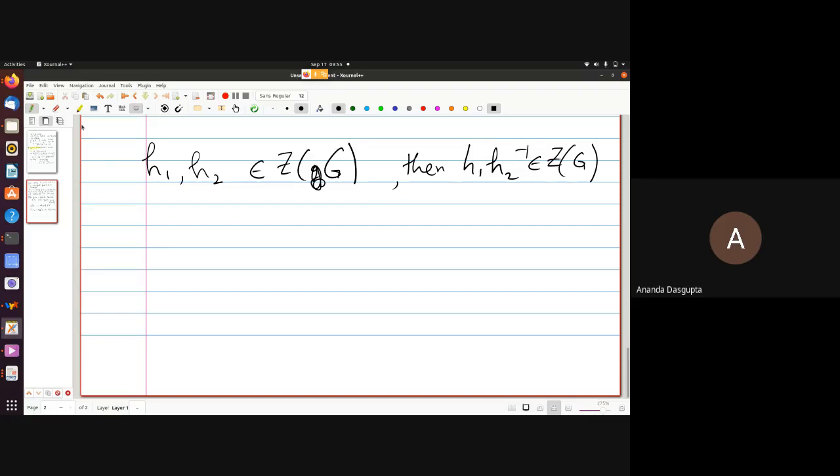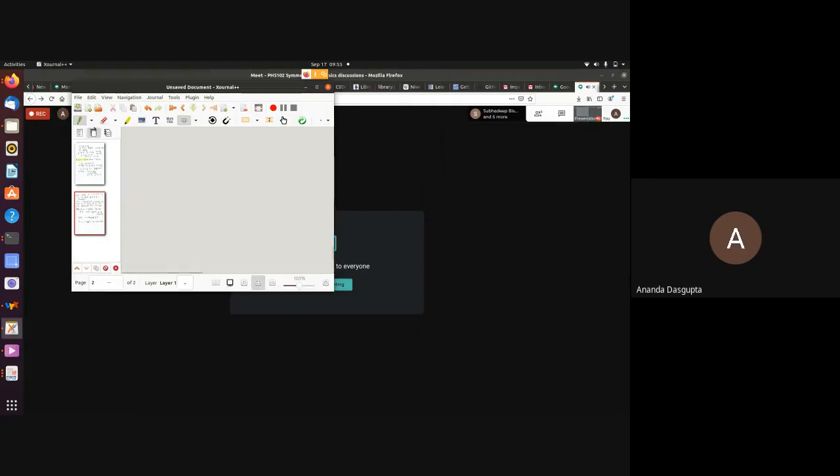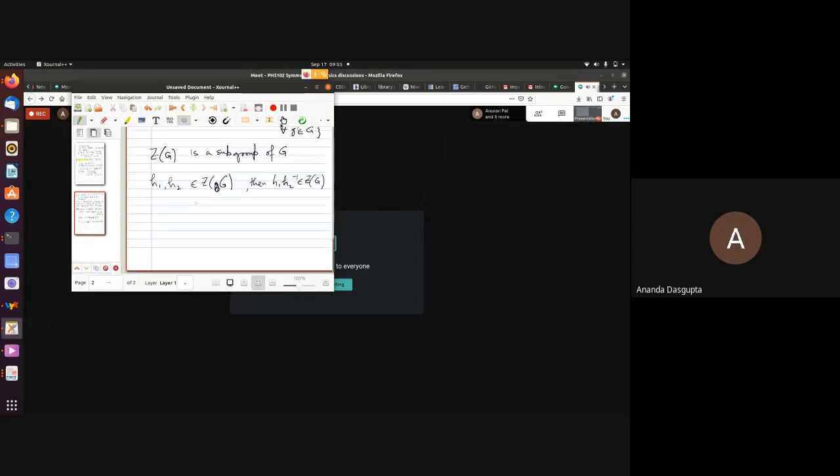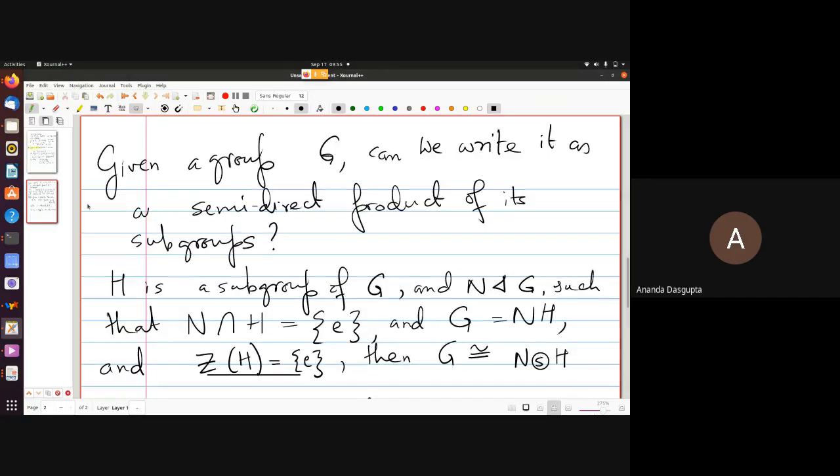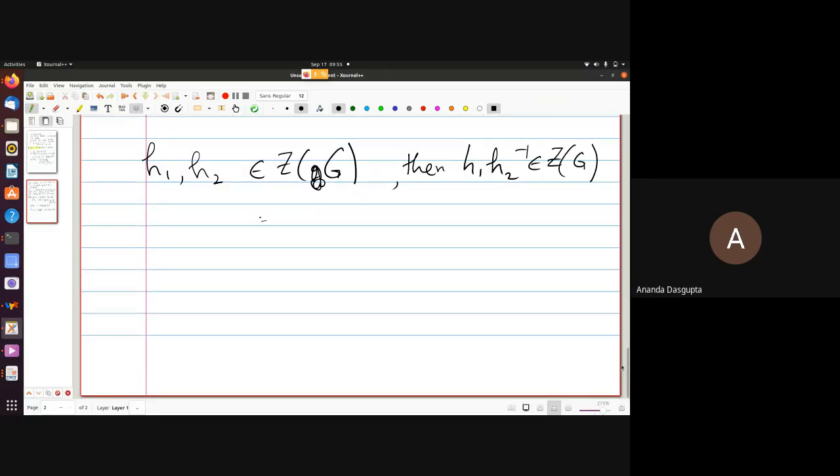Of course, before that, what you need to show is really that if hg equals gh for all g belonging to G, this also implies that h inverse g has to be g h inverse, right?